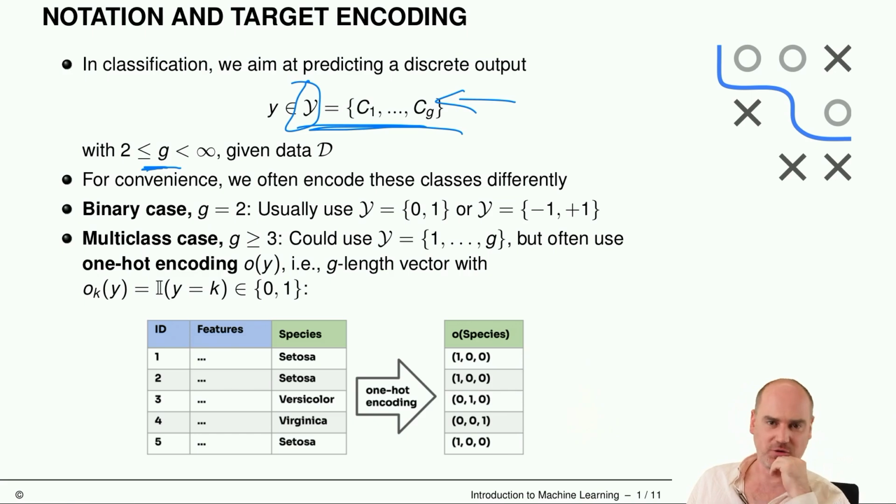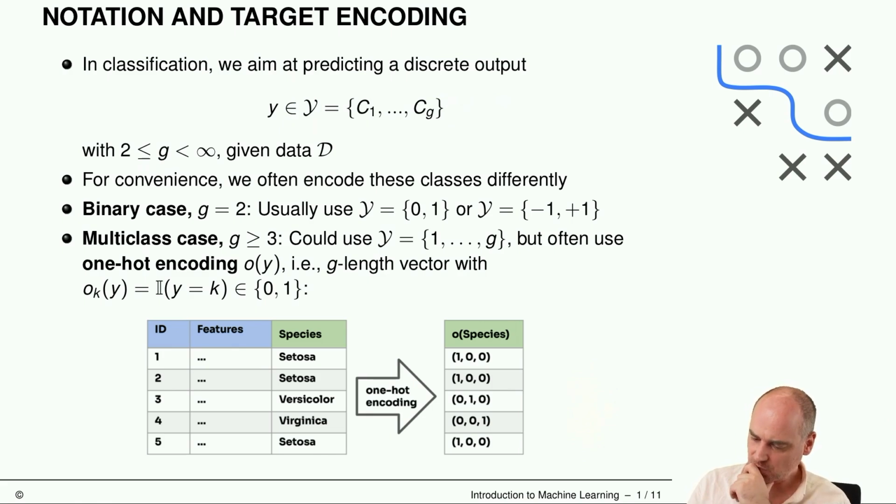So what I want to do here on that slide is discuss encoding of classes at least a little bit. For the binary case, so if G equals 2, we usually have two convenient choices to encode our classes. We want to compute with things later on, right? So having things like red or green as strings is not so nice for computing predicted outcomes based on numerical data.